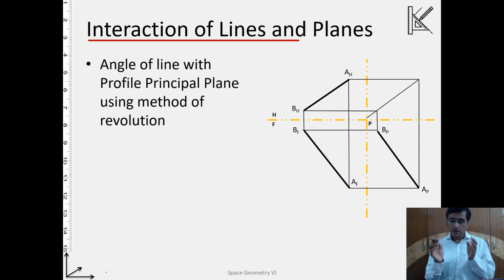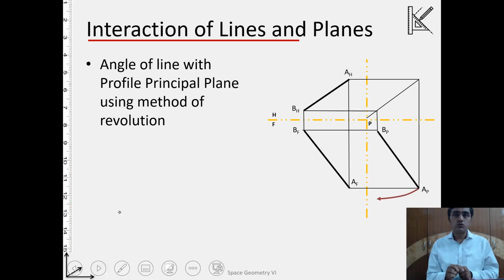We will use the projections over here, and we will try to make the true length of the line on the frontal. Okay, we'll try to make the projection of the line as true length on the frontal, and then that line and the hinge of the profile plane, they make the angle in which we are interested. So let us do it.